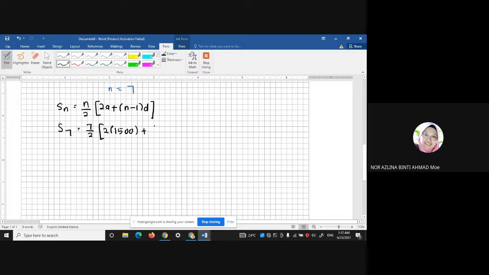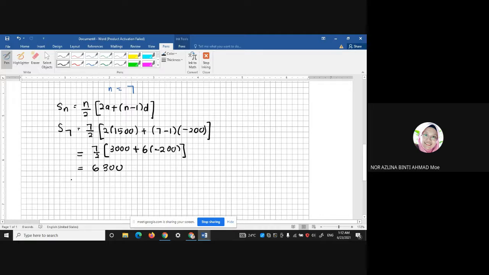Tambah N kita 7 tolak 1. D kita tadi adalah negatif 200. So kirakan ni 7 per 2. Ini 3,000 tambah 6 darab negatif 200. Ini negatif tau. Okay. So selesai darab dulu, kemudian tambahkan dengan 3,000. So awak akan dapat jawapan 6,300.